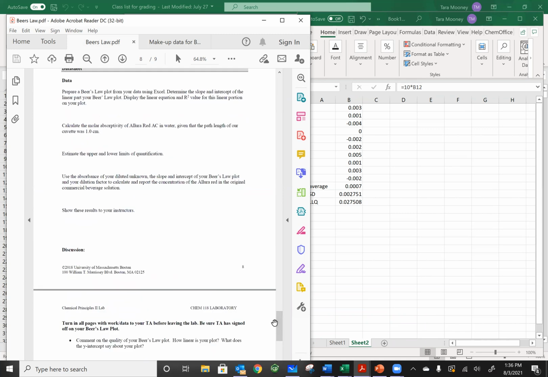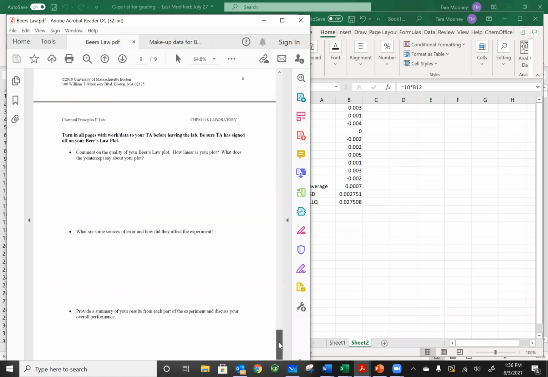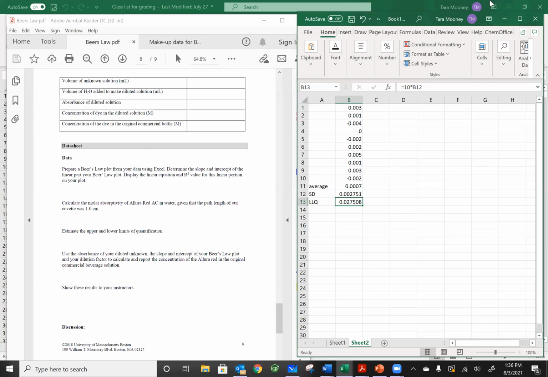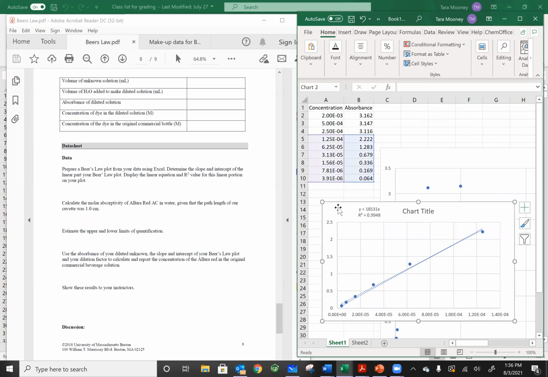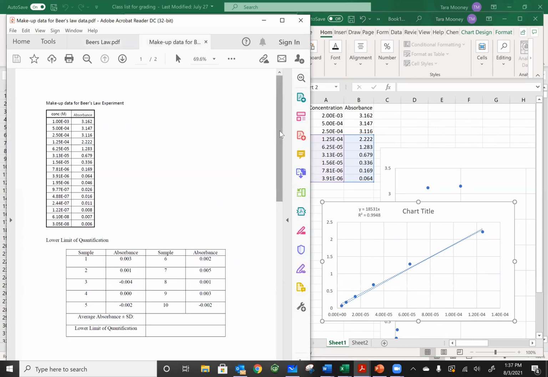Okay, so use the absorbance of your diluted solution, the slope and intercept of your Beer's law plot, and your dilution factor to calculate and report the concentration of Allura Red. Okay, so let's do that. So let's go back to our plot, and let's take a look at our makeup data.